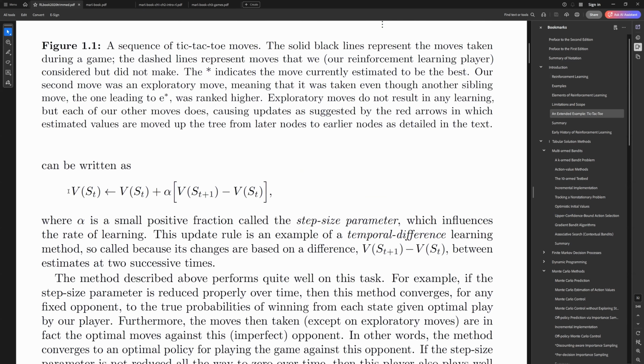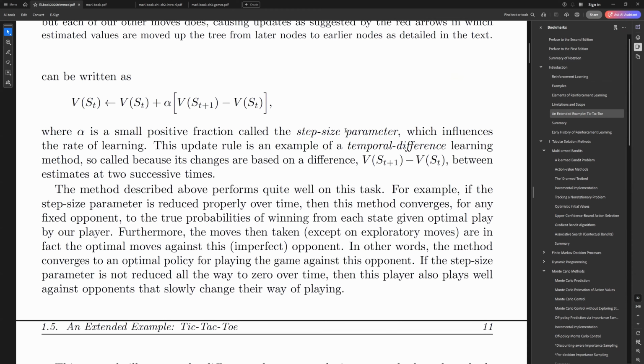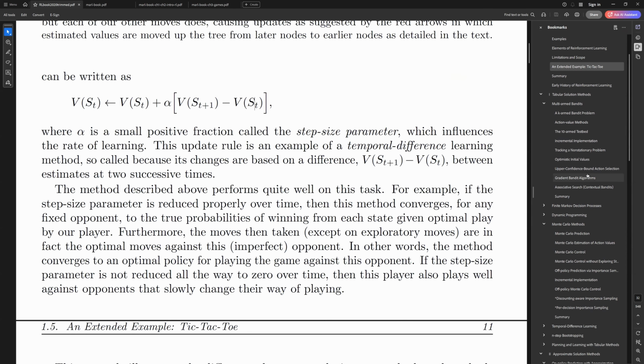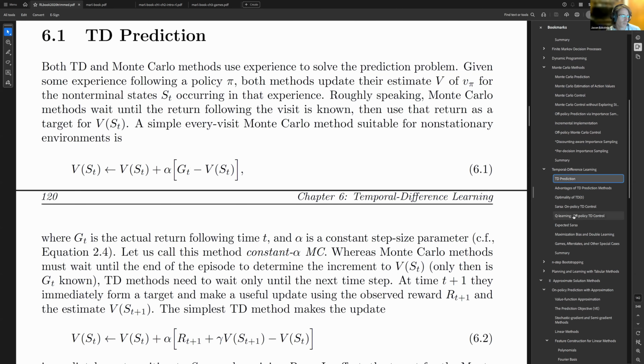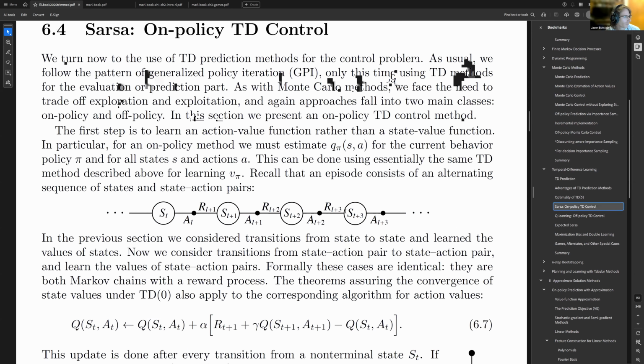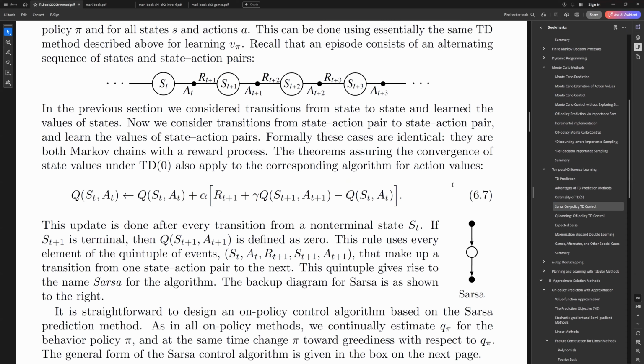Well, this is the temporal difference value function update, but this is not an algorithm. I understand, but the temporal difference update, when you use it with sampling, would be a Sarsa algorithm.